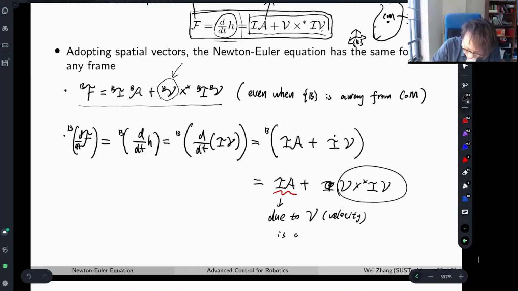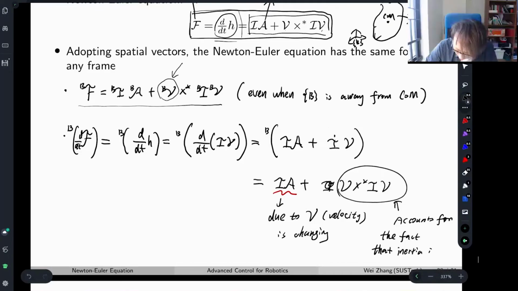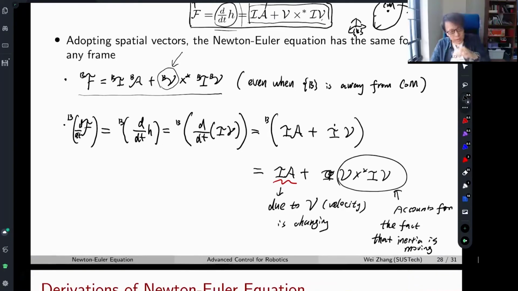This other term accounts for the fact that inertia is moving. The inertia is changing over time, and that contributes to this part.